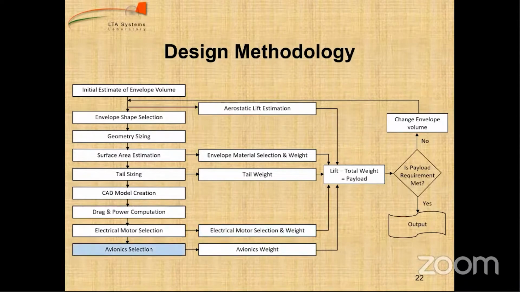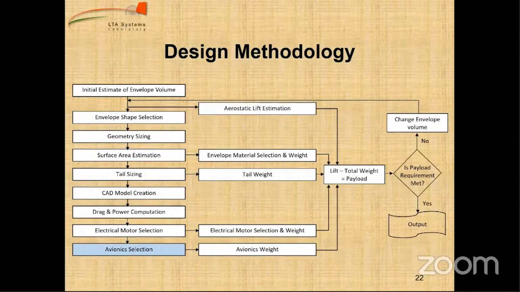After that, we will have to put some avionics on the airship. As it is a remotely controlled airship, it will have a receiver and a card on the airship for receiving commands, and also some wires.